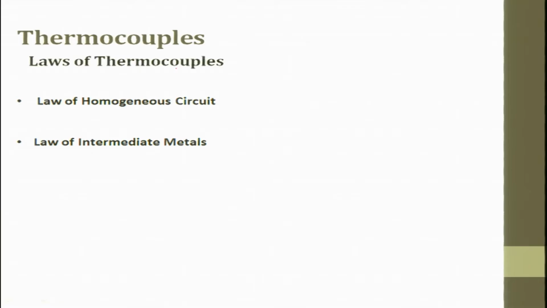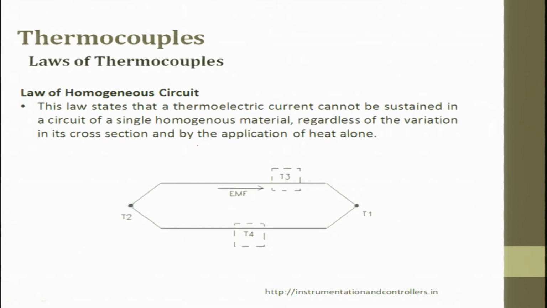The laws of thermocouples. There are two laws of thermocouple. One is called the law of homogeneous circuits, the other is called the law of intermediate metals. Law of homogeneous circuits states that a thermoelectric current cannot be sustained in a circuit of a single homogeneous material, regardless of the variation in its cross section, by the application of heat alone.